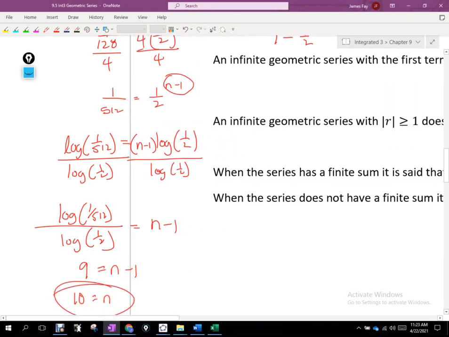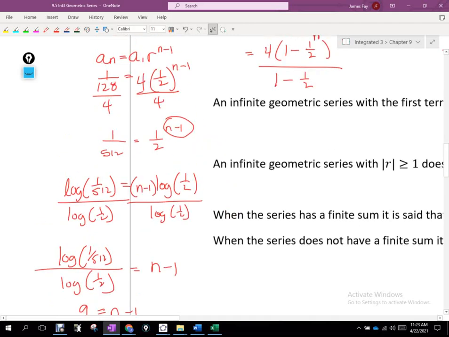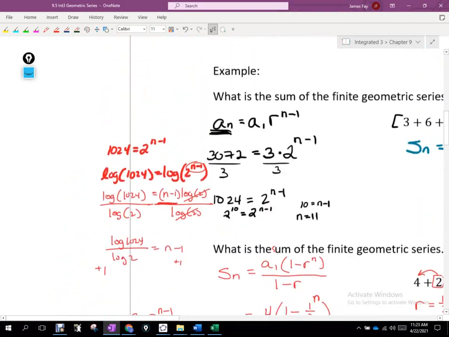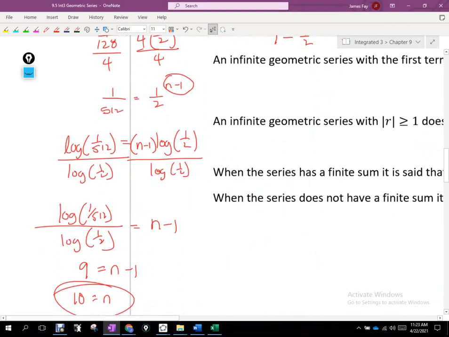Another way of doing it is to say, okay, up here we had 1 over 512 is equal to 1/2 raised to n minus 1. How can I rewrite this side?